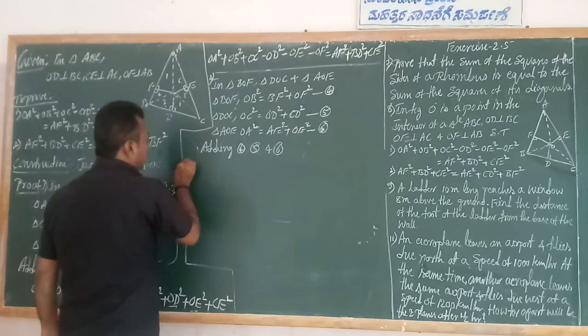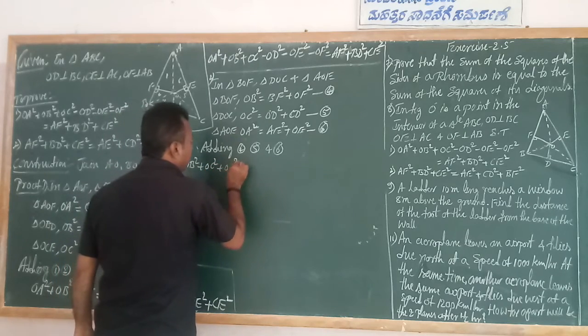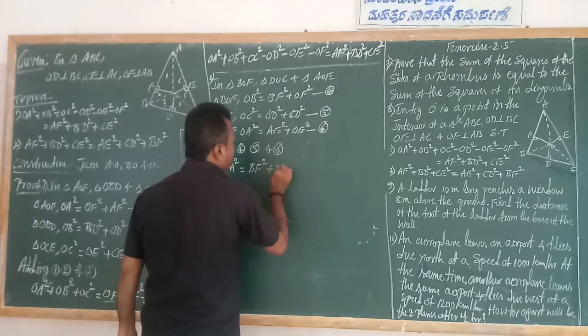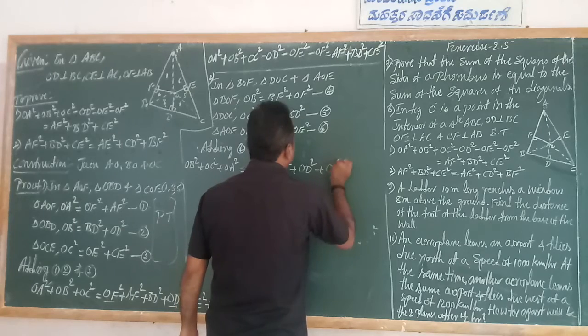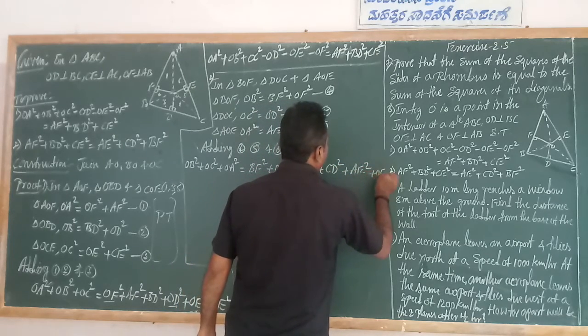So on the LHS side you have to write first OB square plus OC square plus OA square. It is equal to BF square plus OF square plus OD square plus CD square plus AE square plus OE square.